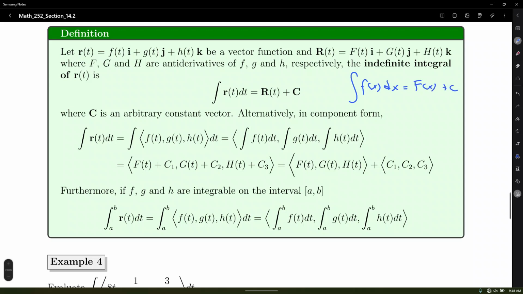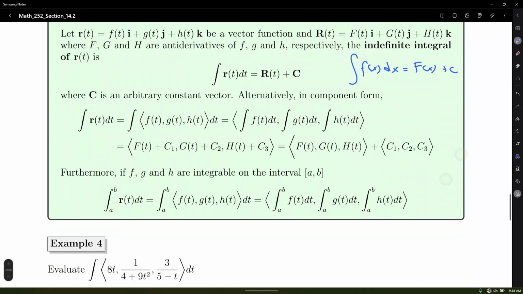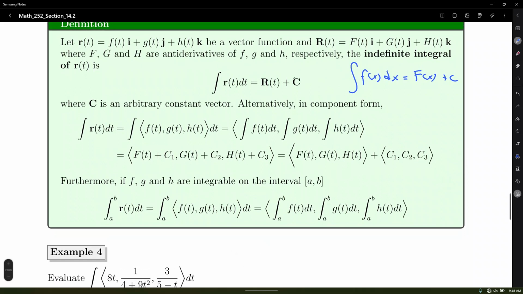Well, we will also get a constant of integration when it comes to getting the indefinite integral. All right, how is that going to work? Number one, in this case, this c, however, is not just going to be one constant. Notice how this c is in bold case. So this c represents a vector. What is that vector made of?